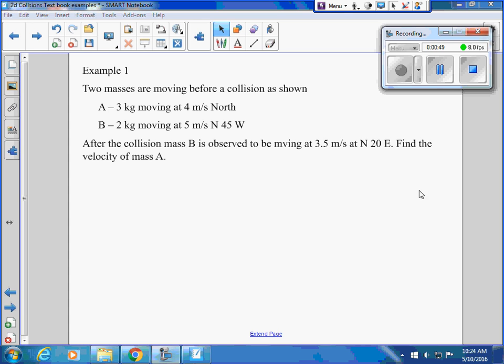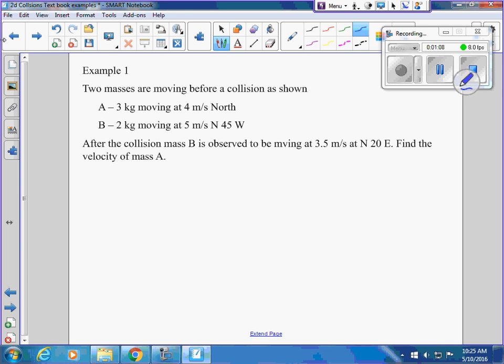So the first thing we're going to do is draw. We want to find the final velocity of mass A after the collision. Let's start with drawing a picture. I'm going to get my notes out because these can be pretty challenging, and I want to make sure I do it right. Initially, I'm going to draw them side by side just to save some space.